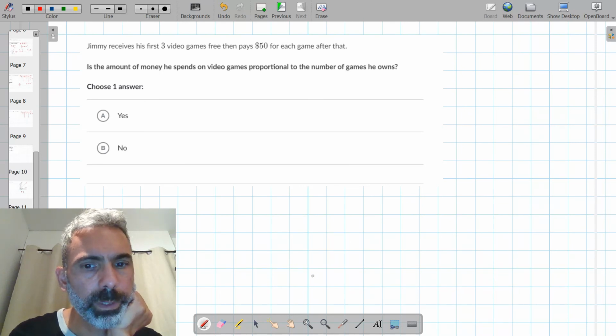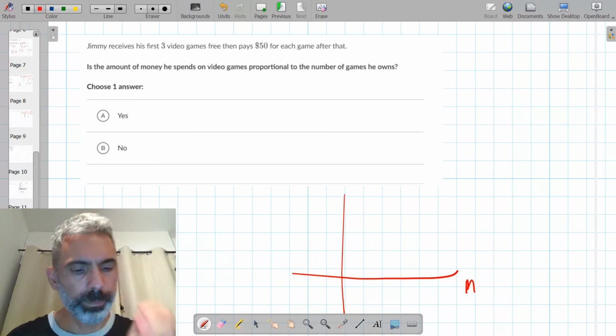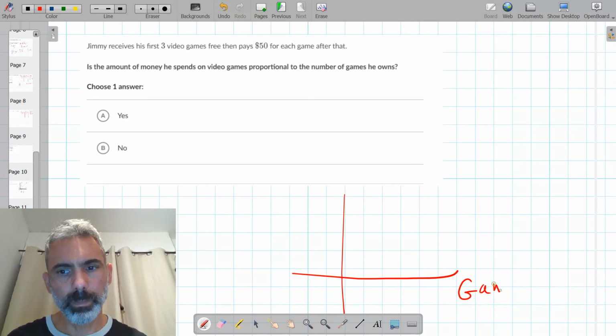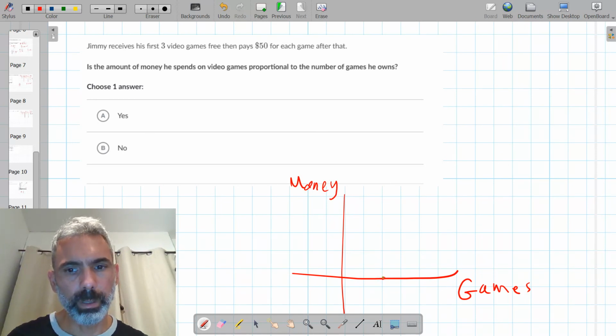So the first three, okay, plot it on a graph. This is the number of games, and this is the money he spends. So the first three are free. So this is the point here, and then we see the graph starting to rise.